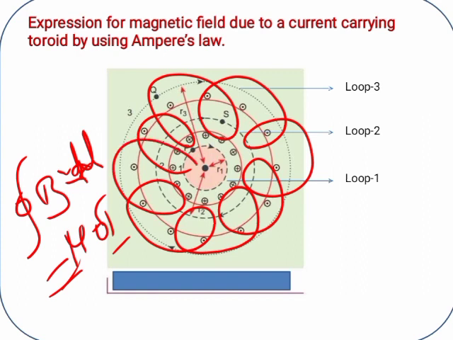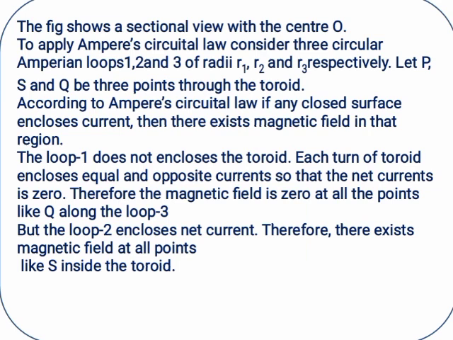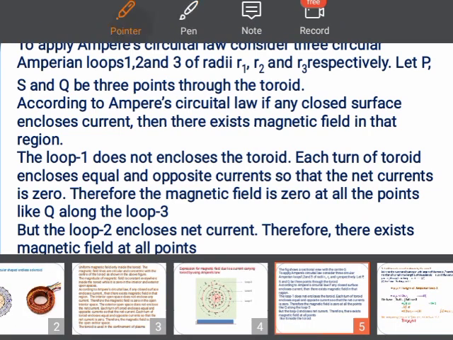This is the diagram. Here how many turns are there? We don't know how many turns are present, so we consider the number of turns denoted by n. And what is the length of this total coil? That also we don't know. We assume the length of the coil is L. Here I have shown R1, R2, R3, they are the radii.